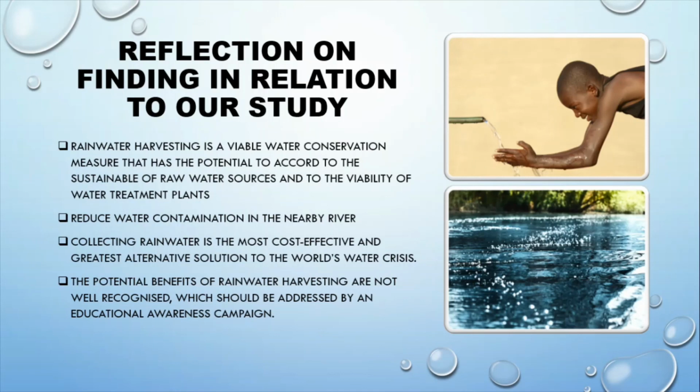It reduces water contamination in the nearby river. Collecting rainwater is the most cost-effective and greatest alternative solution to the world water crisis. The potential benefits of rainwater harvesting are not well recognized, which should be addressed by an education awareness campaign.